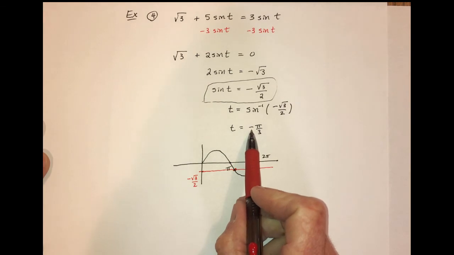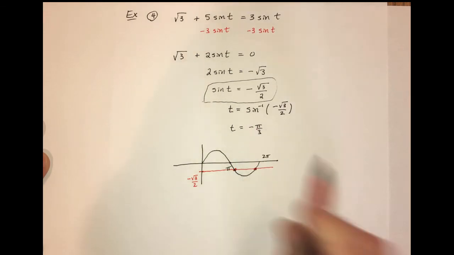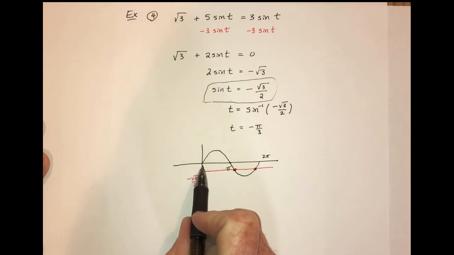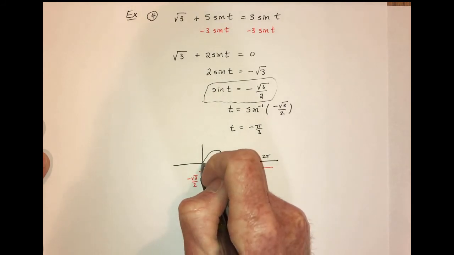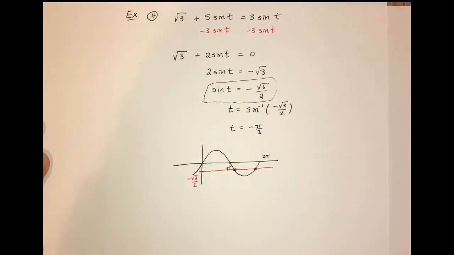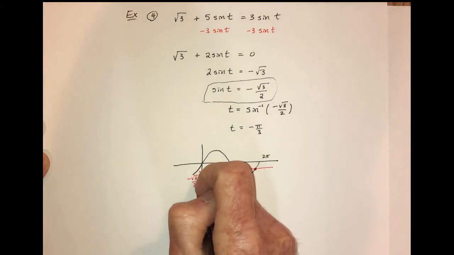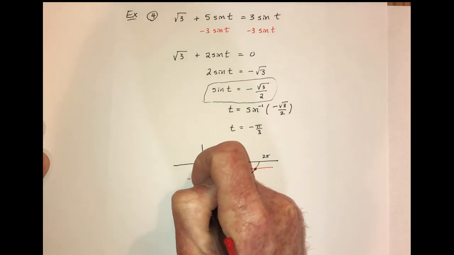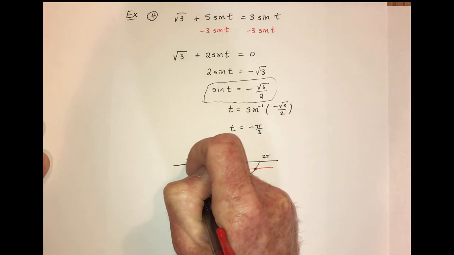Now the negative pi over 3 that the calculator found, what it did is it's programmed to find the answer that's closest to the origin. So what it did is it went this way, because the graph of sine goes to the left and to the right forever. And it found that this is negative pi over 3.